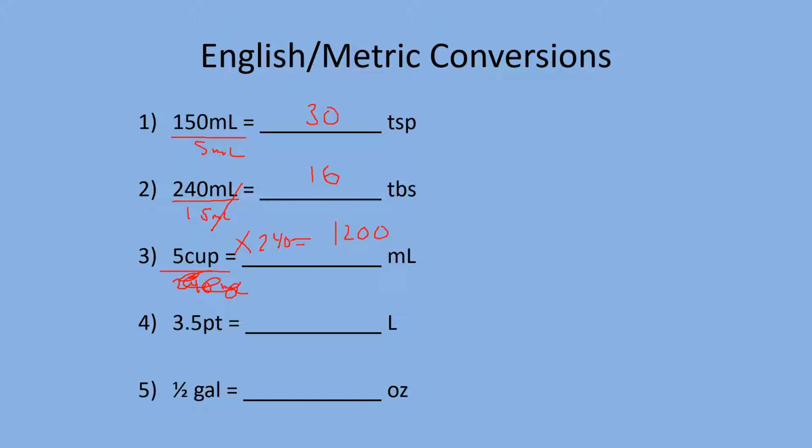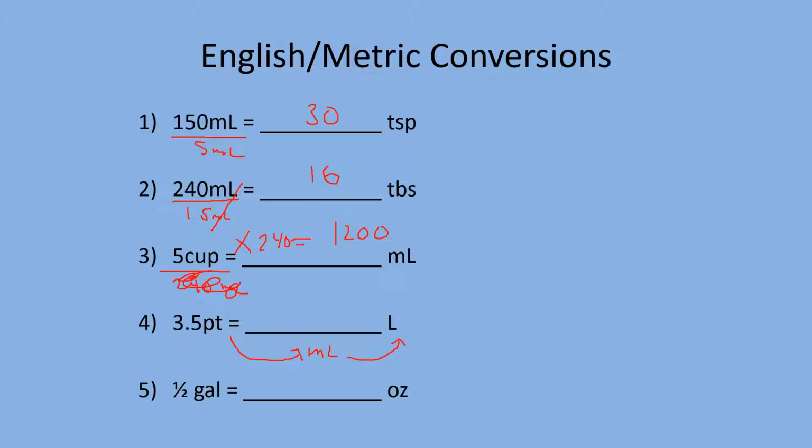All right. So that was 1 step. So this, we're going to have to do a 2-step. But the second step is metric. So we've got to go from pints to mLs first, and then it is a metric conversion to go from mLs to liters. So a pint is how many mLs? 480.